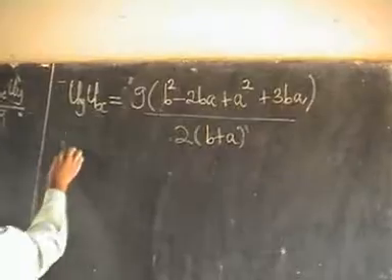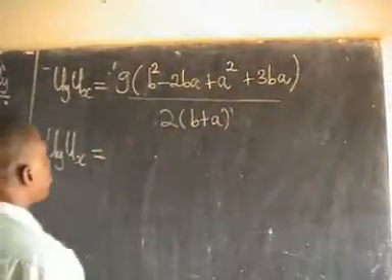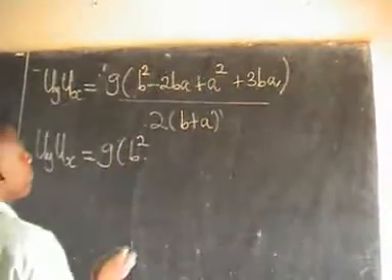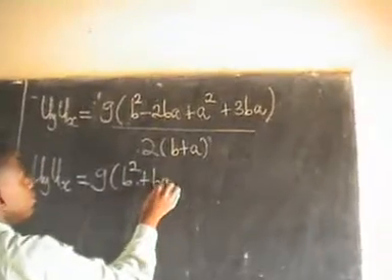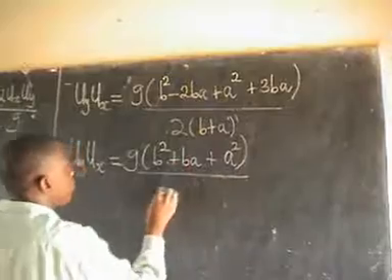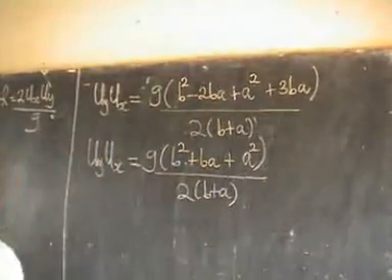When you simplify, you get your ux equal to g into b squared plus ba plus a squared over 2 into b plus a.